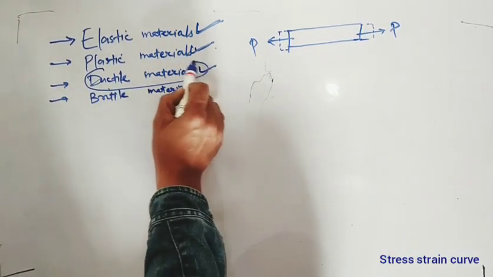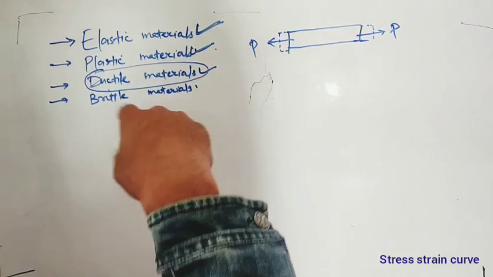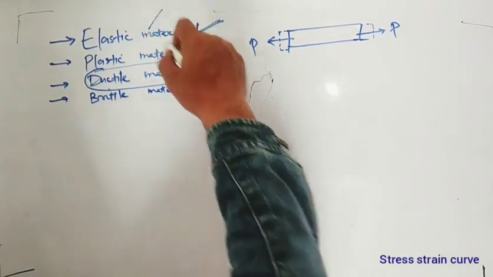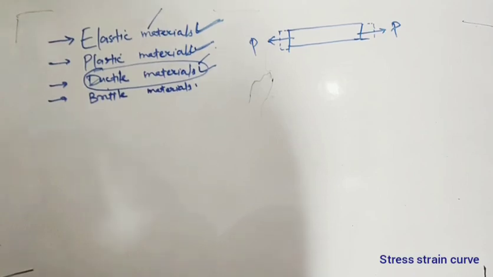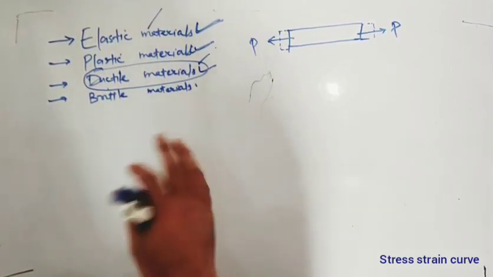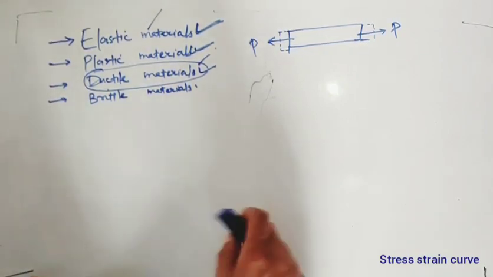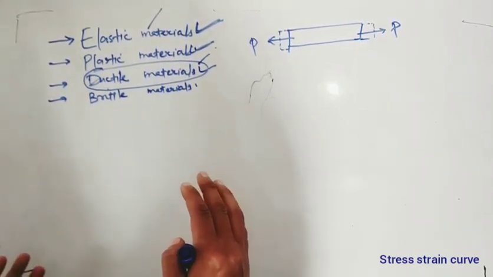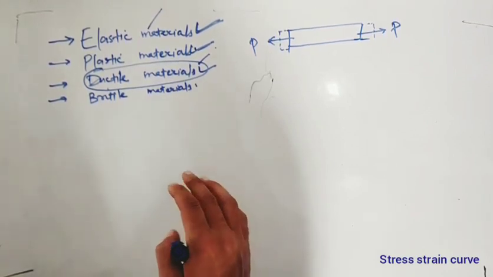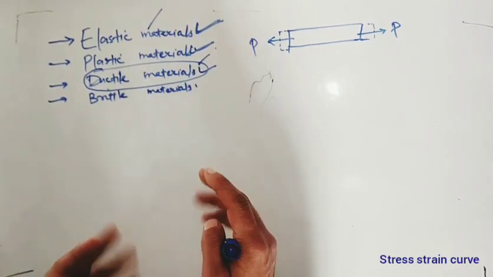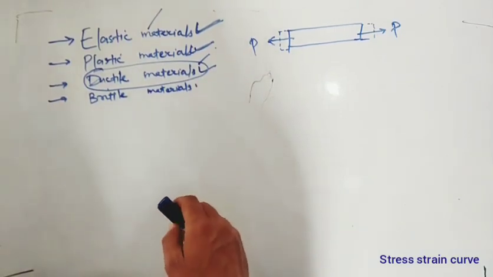My aim was to differentiate between these materials. We sometimes refer to elastic materials as ductile materials, but practically they are different. Ductile materials are simply those materials which undergo a considerable deformation without rupture. If a material can be drawn into wires, it's called a ductile material.